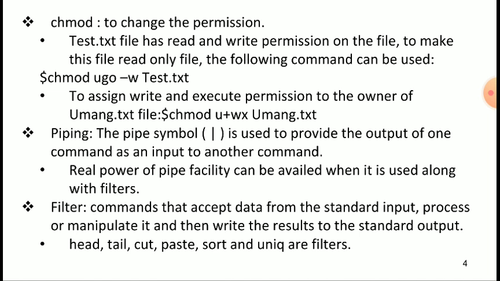Next is piping. The pipe symbol is available on the keyboard with the shift key, on the line above. The pipe command is used to provide the output of a command as an input to another command. The real power of the pipe facility is available when it is used along with filters.